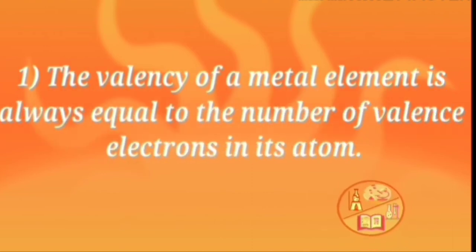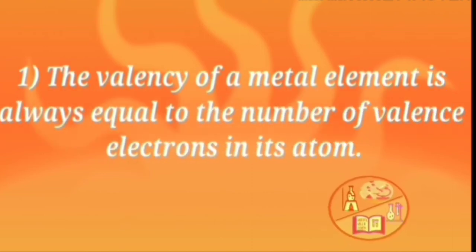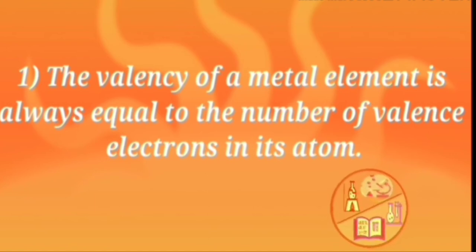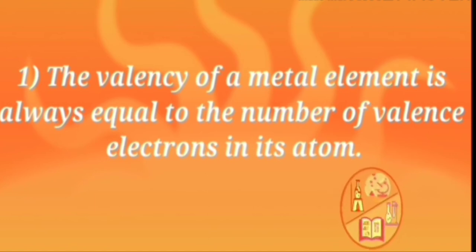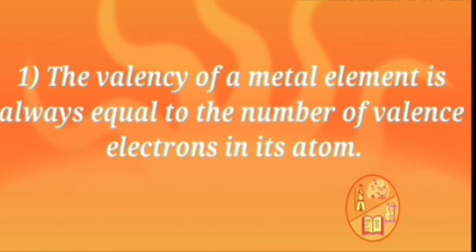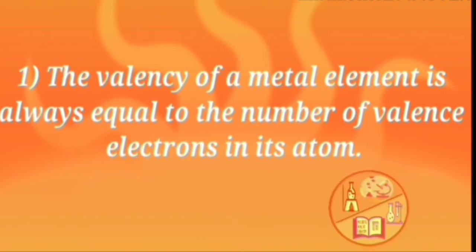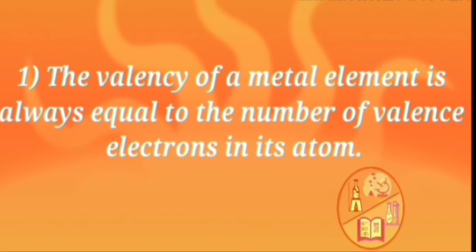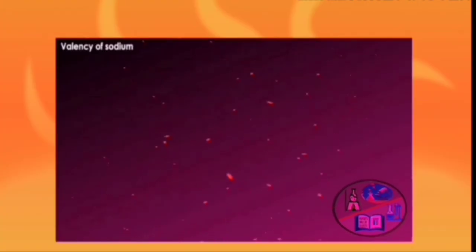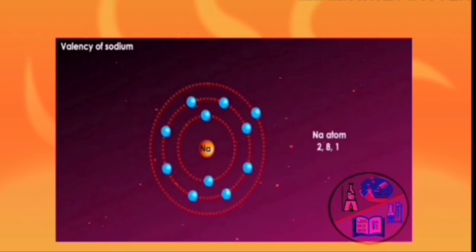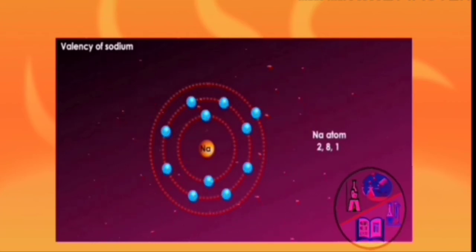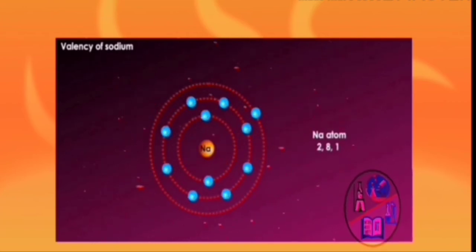Usually, metals have 1, 2 or 3 electrons in their valence shell. They lose these valence electrons during the chemical combination. So, the valency of a metal element is always equal to the number of valence electrons in its atom. For example, the valency of sodium: its electronic configuration is 2, 8, 1.